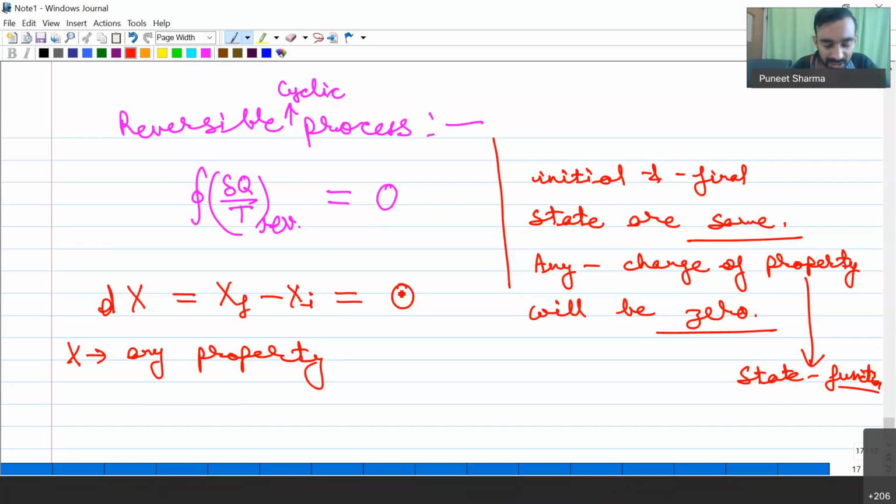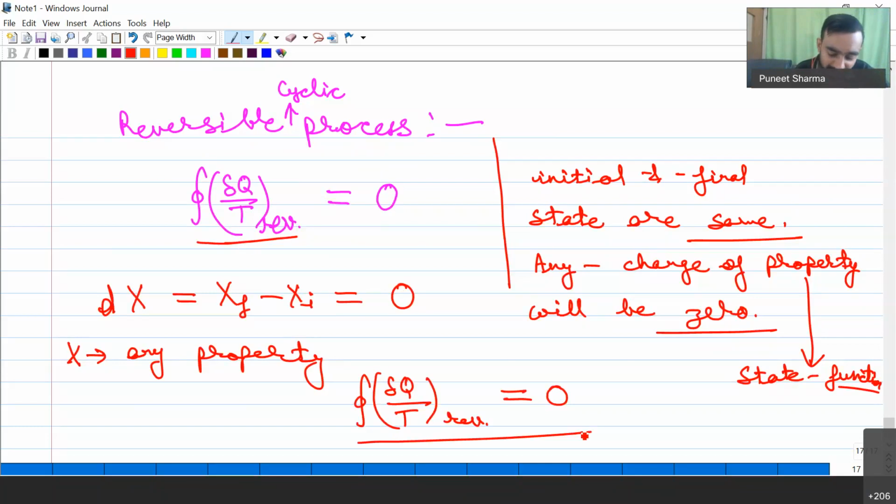So something like this we are getting over here. We are getting that the cyclic integral of del Q by T for a reversible process is equal to 0. So what is the meaning of this?